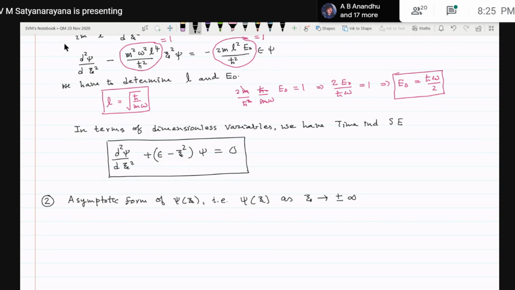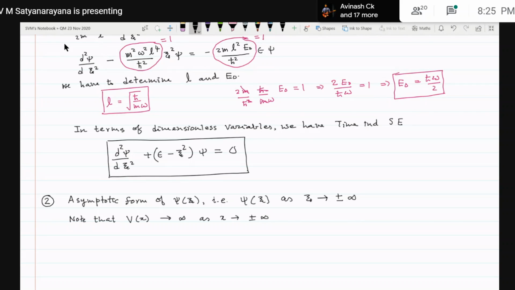So there is a general boundary condition. Note that V of x, the potential, goes to infinity as x goes to plus minus infinity.